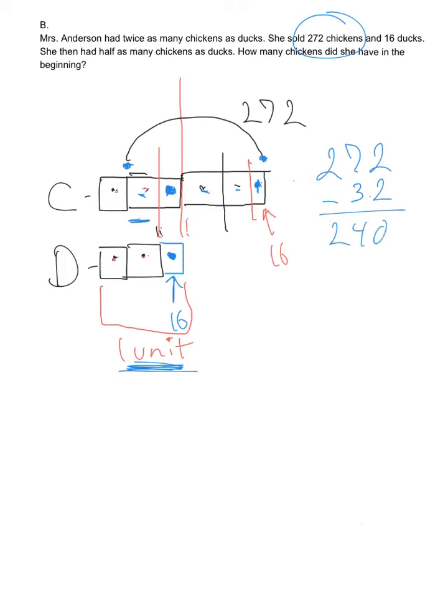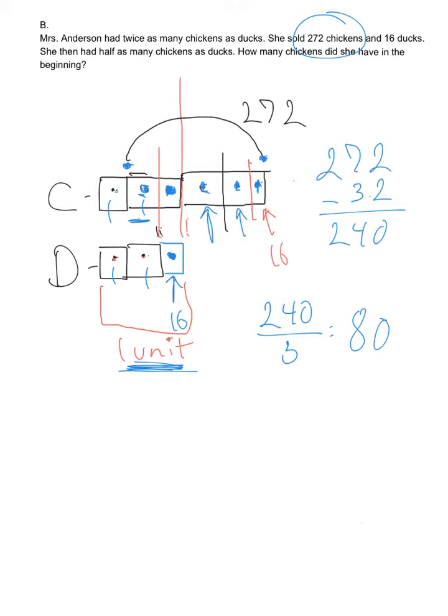Now our next step, because we're trying to figure out how much these units are worth, if I knew how much these units are worth, I know how much all the rest of them over here are worth. So now, from here to here was 272 minus this 16 minus that 16, leaving us with 240. So now that means that there is 240 spread equally amongst this unit, and this unit right there. So 240 divided by 3 tells us that each of those units is worth 80.